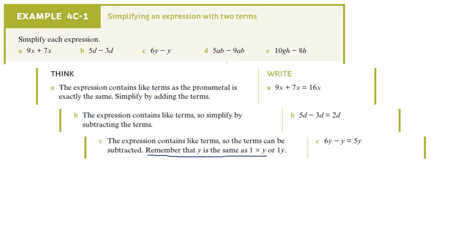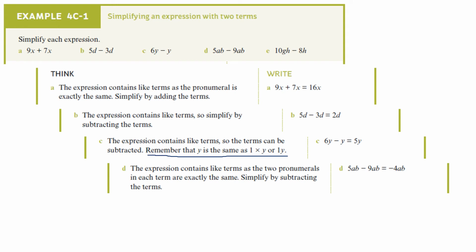In algebra, anything that just shows a letter without a number in front is always the number 1. So y is a 1y. I have one of those letters, but we just don't usually write the number 1 in algebra. If you feel like it helps you to put the number 1 in there, you can. 6 minus 1 gives us 5, in this case 5y.